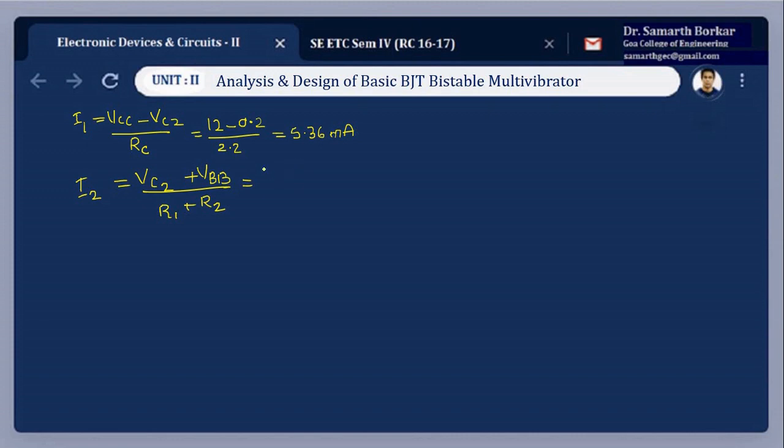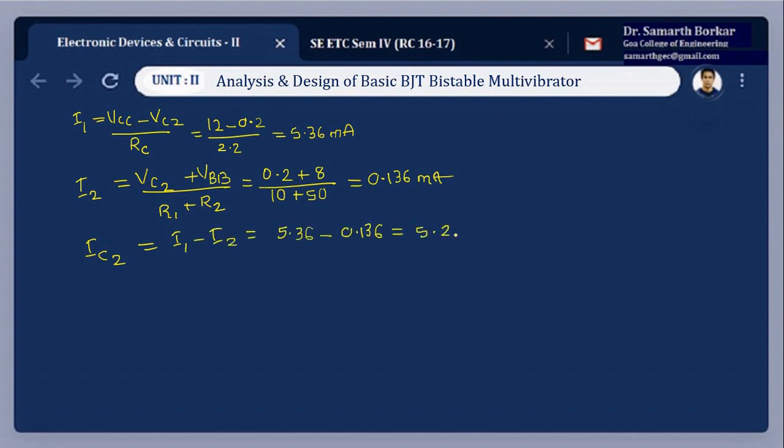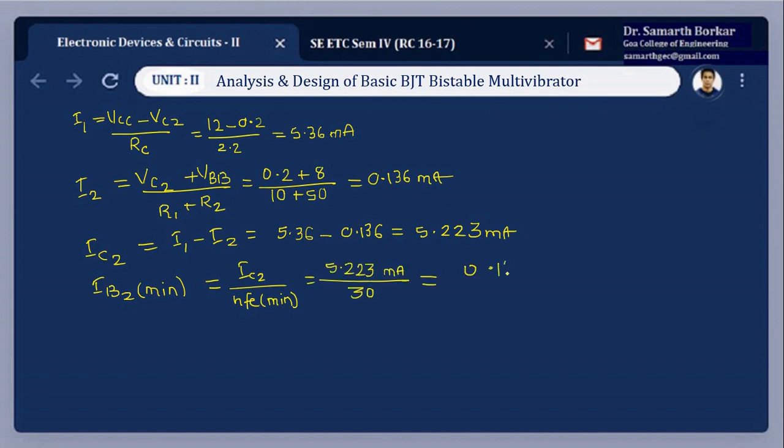What we are interested in finding is IC2, that is the difference of I1 minus I2, which is 5.223 milliamperes. Next, IB2 minimum is IC2 divided by hFE minimum, which is 0.174 milliamperes. This is the minimum value of current which is required to make the device on.